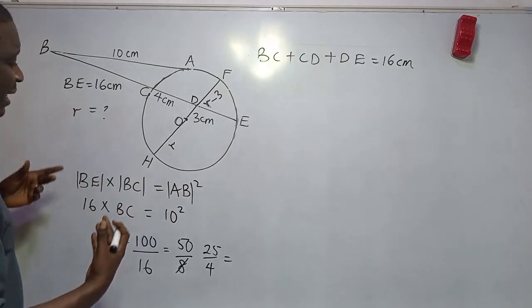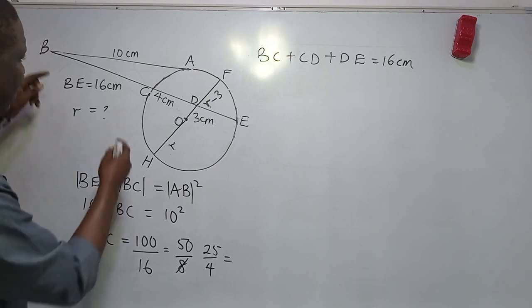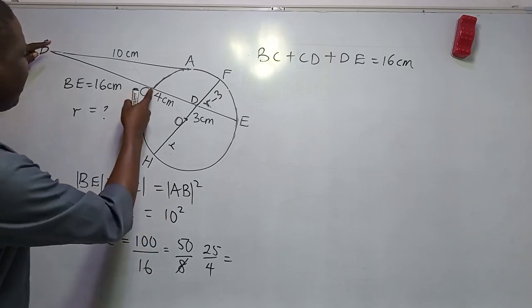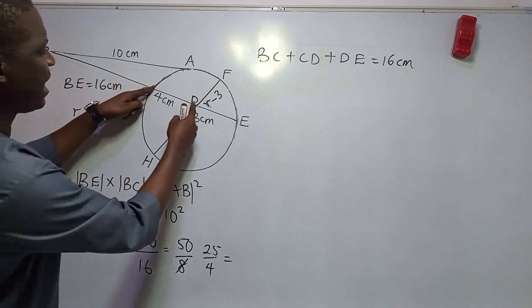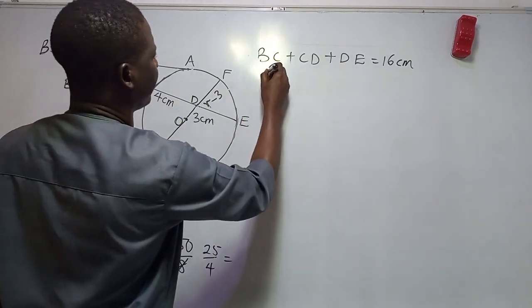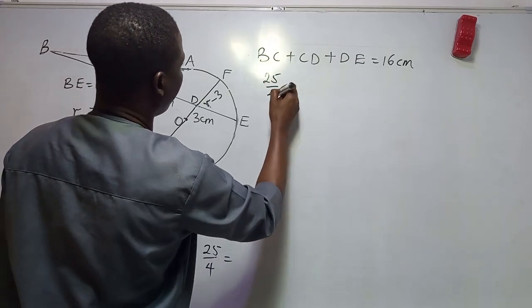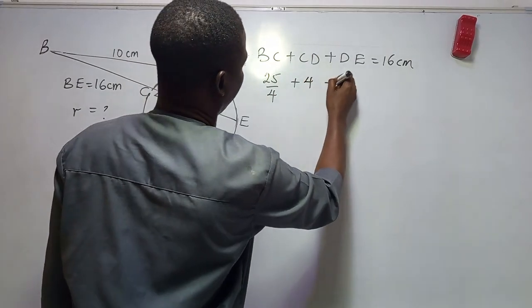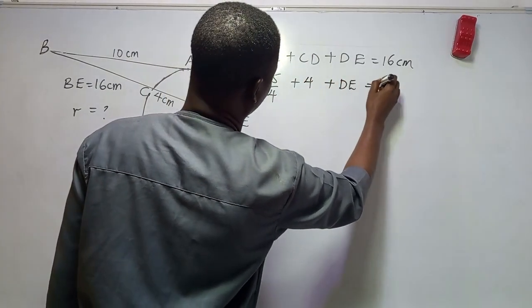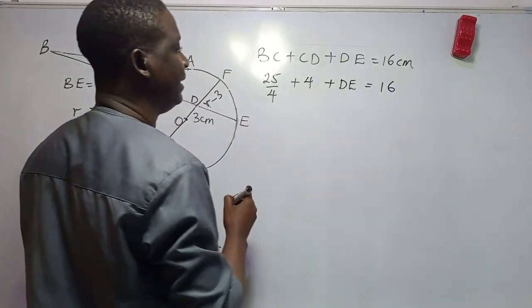Now we have gotten the part of the secant, which is BC, 25 over 4. CD is 4. BC, 25 over 4, plus CD, 4, plus DE, which is unknown, equals 16.